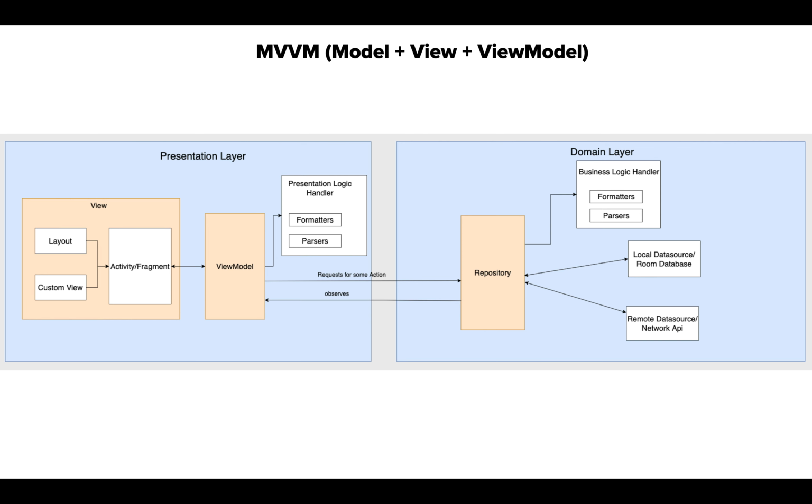So the repository will connect to the local database or Room database, and also it can connect to the remote data source. One is known as a local data source, which is our database. The second is a remote data source, which is the network API call. And the view model will now observe changes of the repository instead of the data source directly.